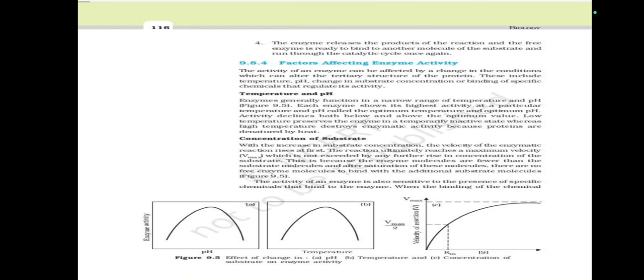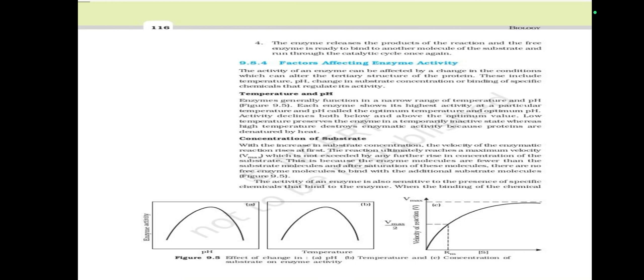This is because the enzyme molecules are fewer than the substrate molecules, and after saturation of these molecules there are no free enzyme molecules to bind with the additional substrate molecules. Figure 9.5.